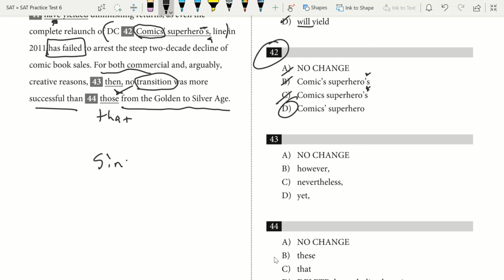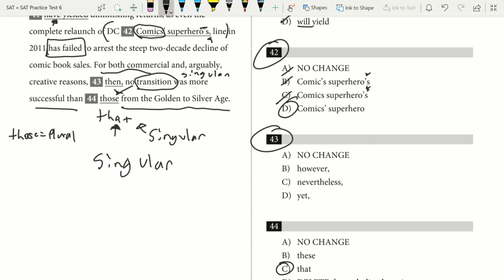Transition is singular, so we need that to be singular. Those is plural. But since transition is singular, we know that would be our singular pronoun there. So we know we're going to use that, which is going to be C for 44.